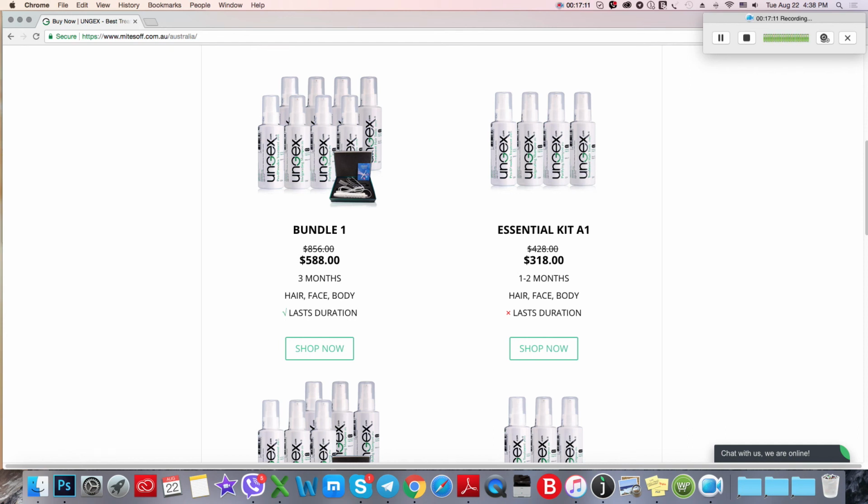The other thing to take in is it's not just the products you're buying. Even though they're amazing products, they're all natural herbal based, SLS free, paraben free, artificial fragrance free, cruelty free, made in Australia, etc. You're also buying the protocol, which is, as I said, the right method of use.